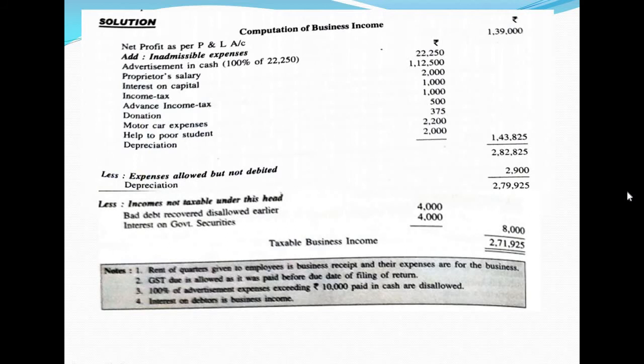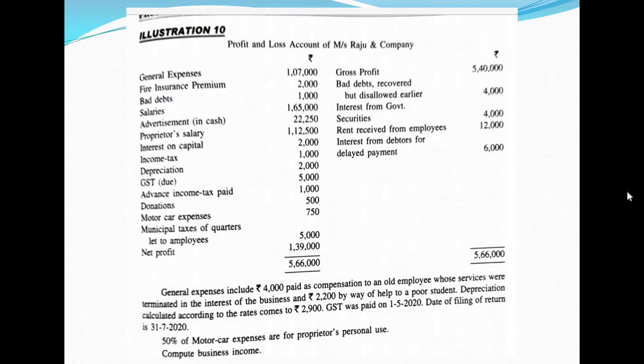Then we have the proprietor's salaries, the interest on capital, the income tax, the advance income tax, donation, then motor car expenses. Then if you look at the adjustment, it says that general expenses include rupees 4,000 paid as compensation to an old employee whose services were terminated in the interest of the business, and rupees 2,200 by way of help to a poor student.